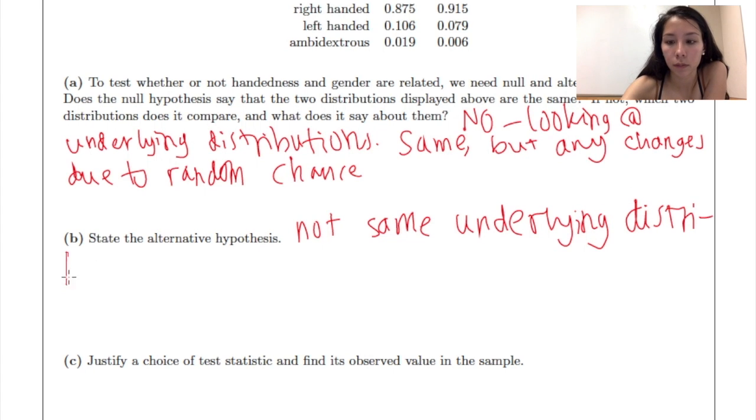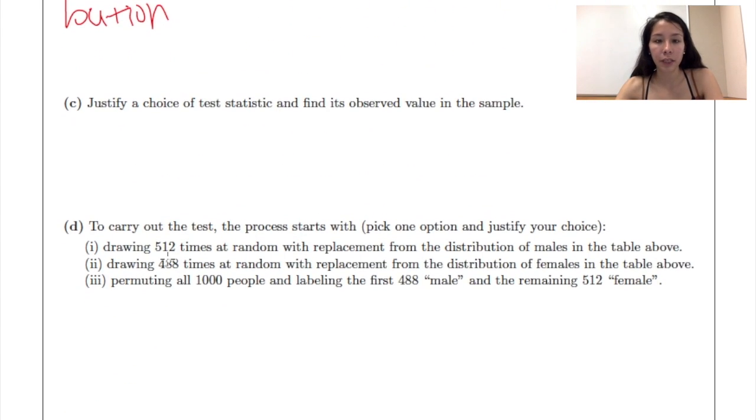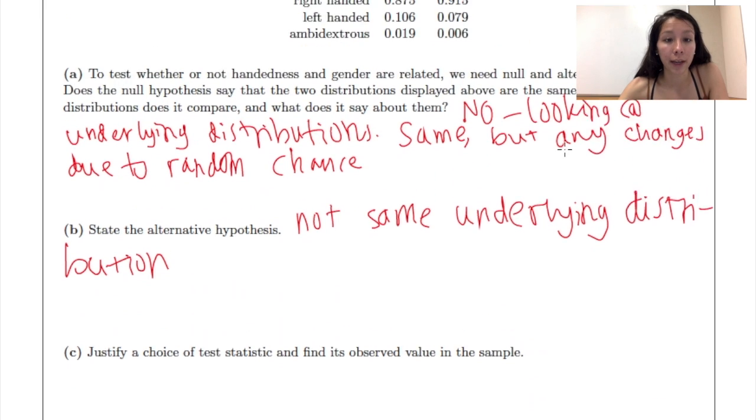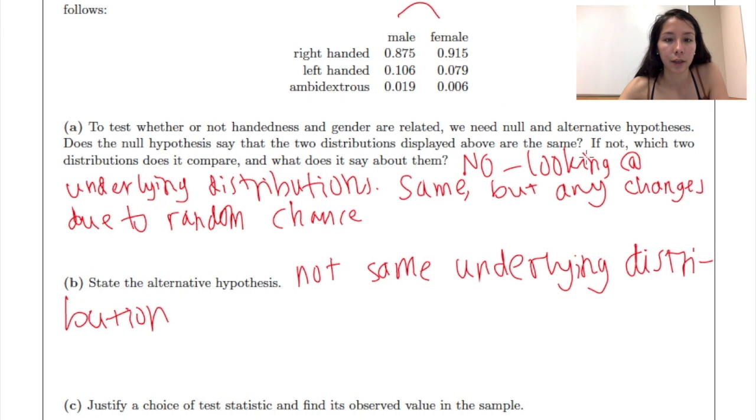Alright, so when we think about the test statistic, immediately what I thought of is total variation distance, because we have these two arrays and we want to look at the differences between them. That's a great choice for a test statistic because it shows the difference between two distributions.